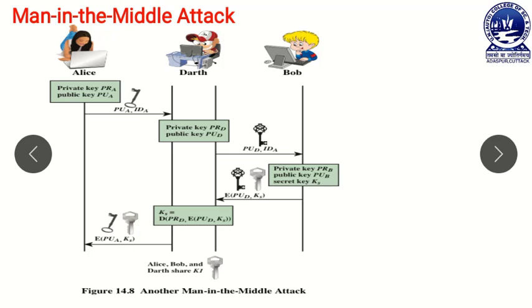But Alice and Bob are unaware that KS is also known to the attacker Darth. That means when Alice and Bob share some secret information using the secret key KS, the attacker, who also knows this KS, takes this message from the network and decrypts it, which means this key distribution is not a secure key distribution.